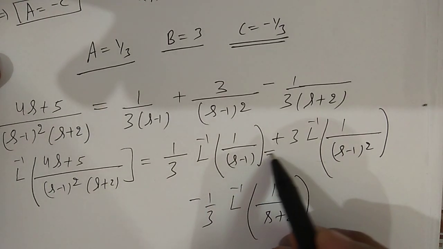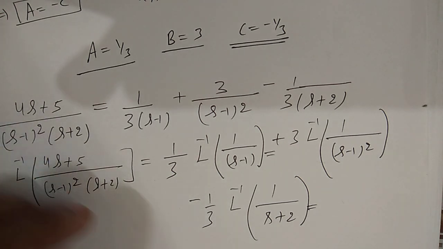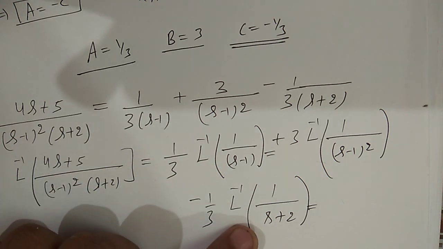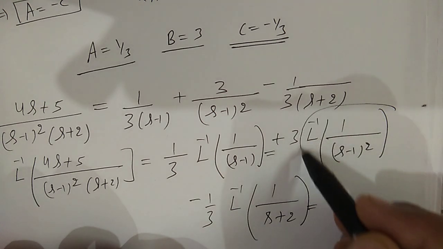For the first term and the third term, we immediately get the inverse Laplace. For the first term it will be e^t, and for the third term it will be e^(-2t). Let us see the second part.